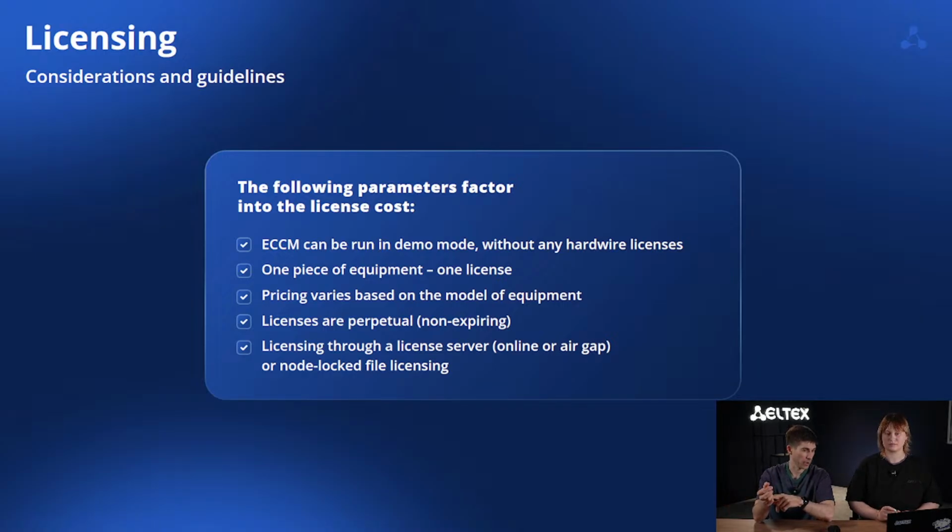The third way would be doing the file licensing. Again, it has its advantages and disadvantages. The advantage is that you don't need an ELM installation in your network. You don't need to do any external calls to our ELM server, but it's hardware tied. So if you are keeping the same configuration of your server, if you're not updating its hardware, you'll be able to use just one file.